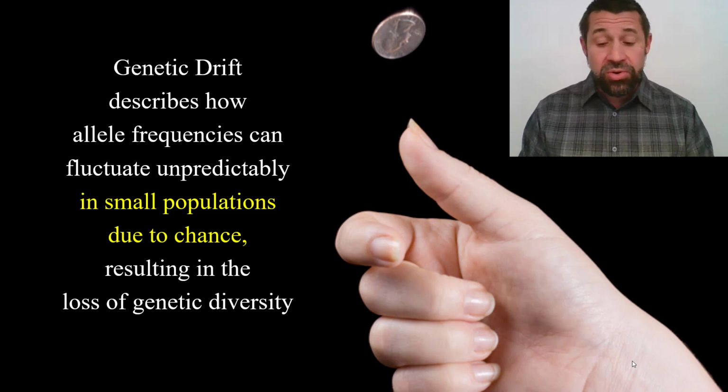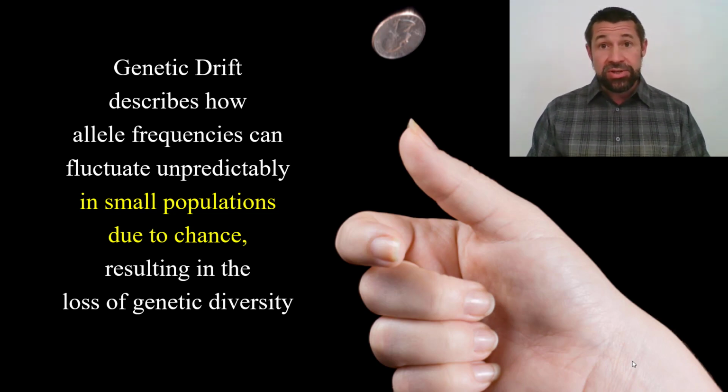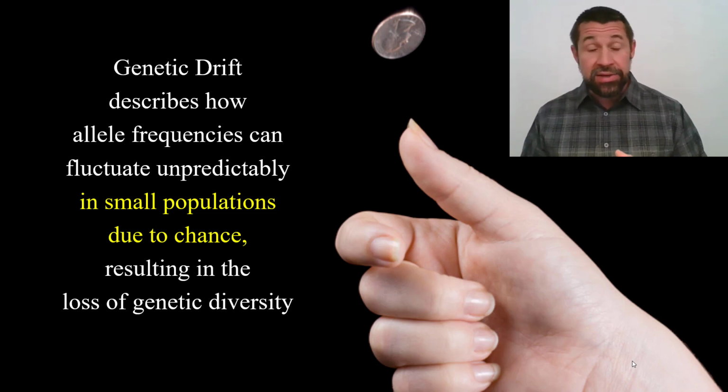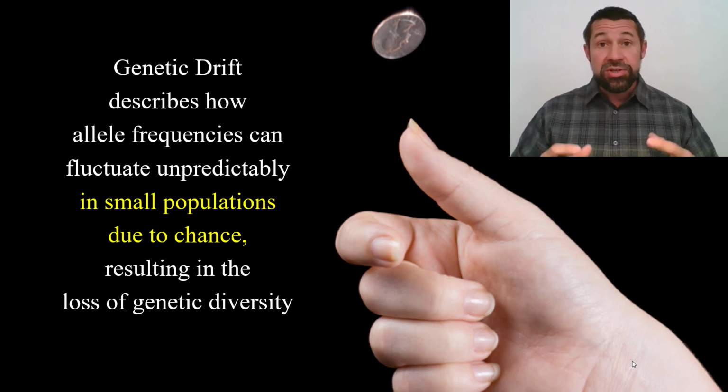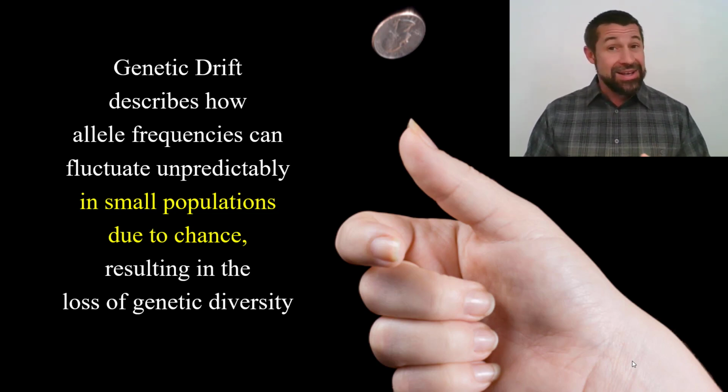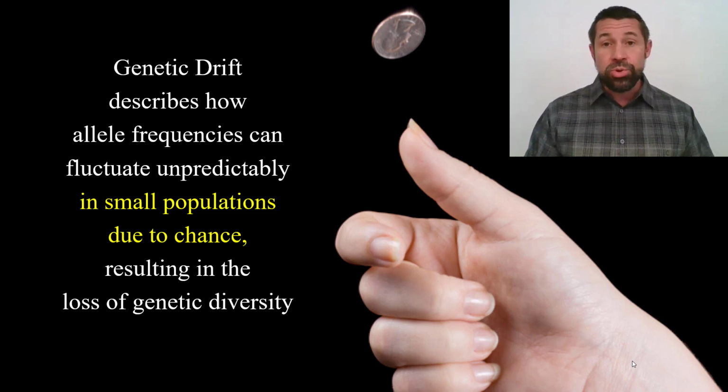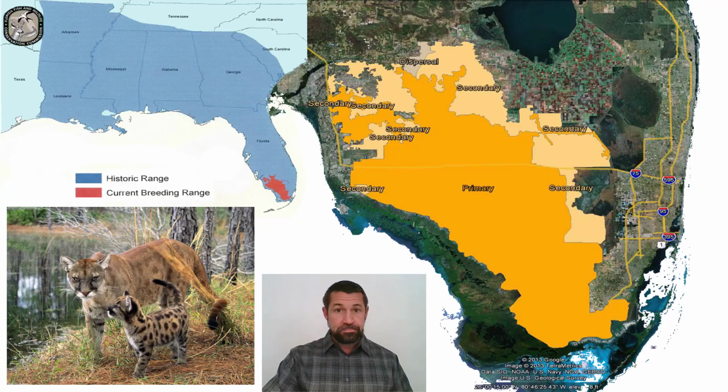But all bets are off when population sizes get small. Genetic drift can cause radical change in allele frequencies from one generation to the next when the population size gets small, and it can induce rapid evolutionary change.